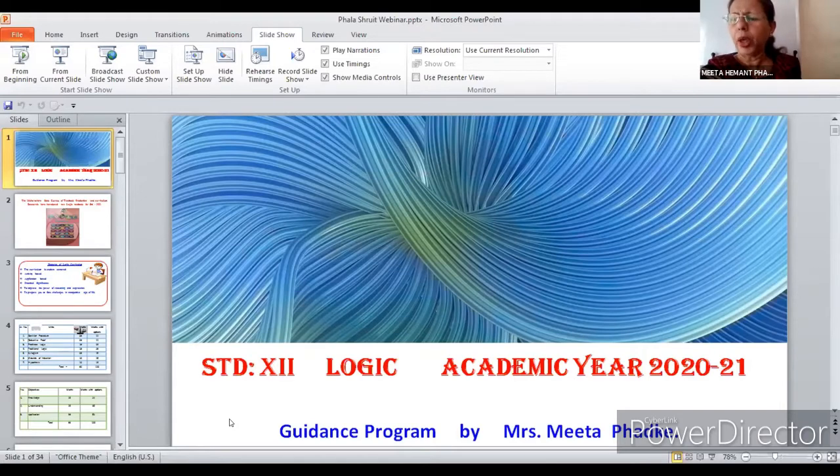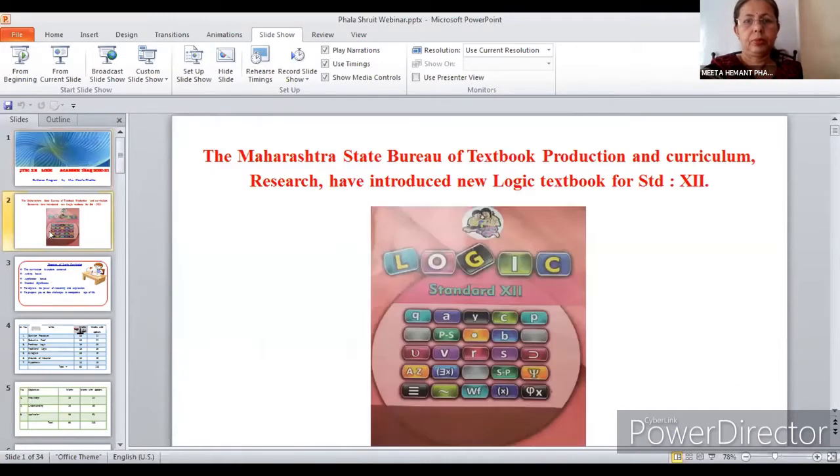You are here to actually practice the HSC board exam papers of logic. So without wasting a minute more, let us start with our logic syllabus. The Maharashtra State Bureau of Textbook Production and Curriculum Research has introduced a new logic textbook for standard 12th.